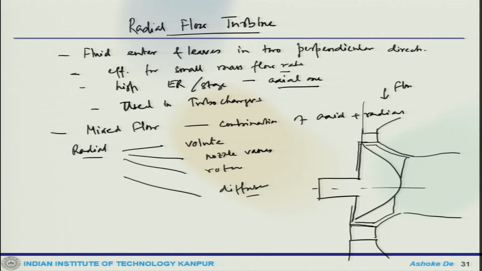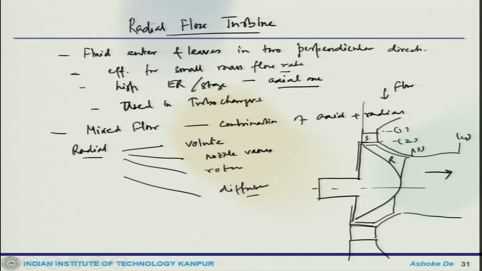So, this is the direction of the flow and there are different station numbers. So, let us say this is 1, this is 2, this is the rotor blade, this is the stator blade, and the flow goes out like this. So, this is station 3, this is station 4.